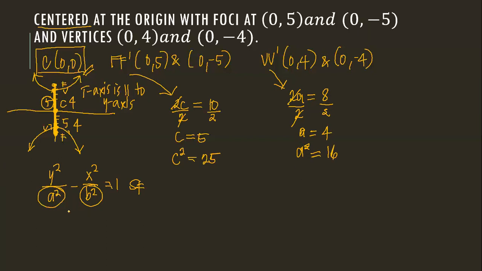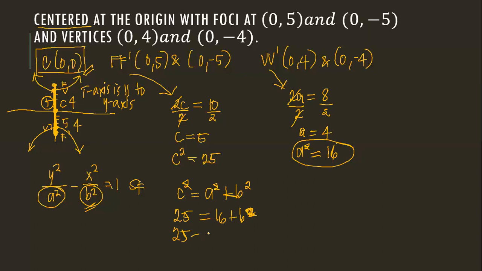But take note that we have a squared already, but we don't have b squared yet. From our formula, c squared is equal to a squared plus b squared. So our c squared, 25, is equal to our a squared, 16, plus our b squared.